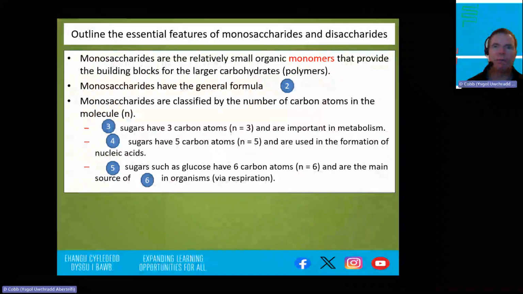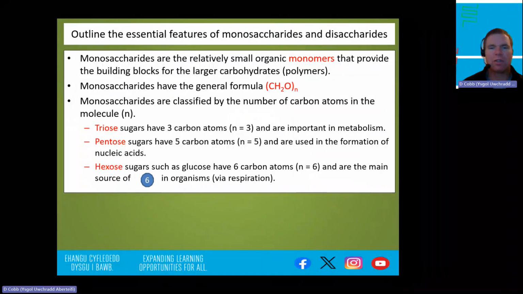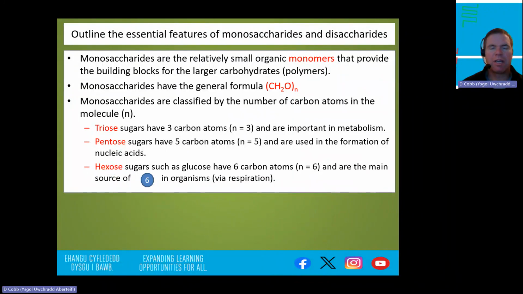They have the general formula (CH2O)n, where n is the number of carbons. The classification goes into triose sugars with 3 carbon atoms, pentose sugars with 5 carbon atoms, hexose sugars with 6 carbon atoms, and these are the source of energy.